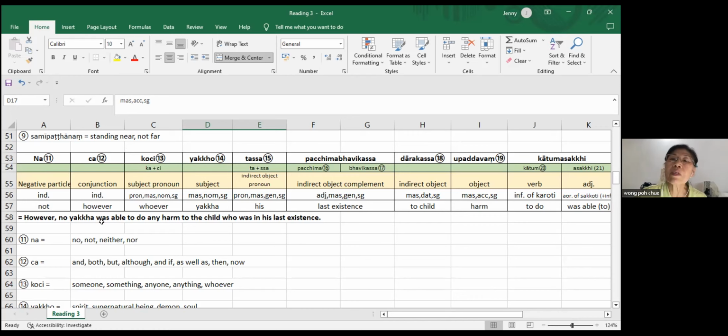Kochi here is a subject pronoun in English grammar, but in Pali it is a pronoun, masculine nominative singular. It's qualifying the subject, yako, whoever, and it's expressed in singular. And yako here is the subject, masculine nominative singular.